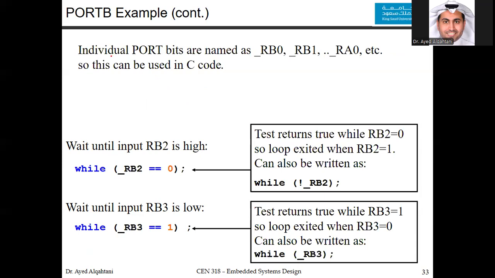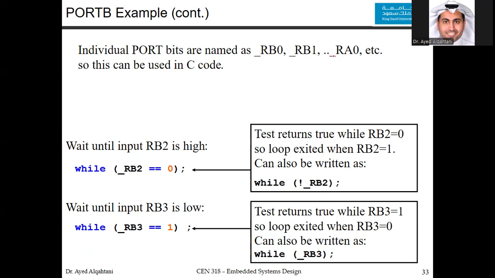Now, you can actually specify a bit within a port. You can specify them by renaming or calling them by name in MPLAB using the C language. If you see an underscore, understand that we are talking about a single bit, and sometimes a small group of bits.